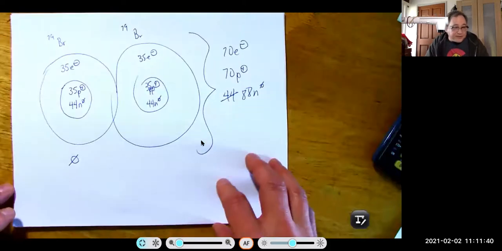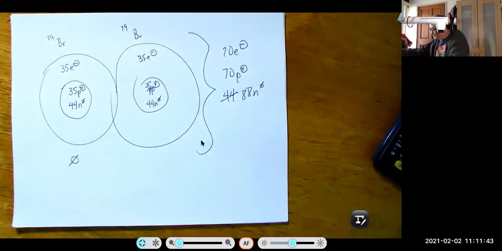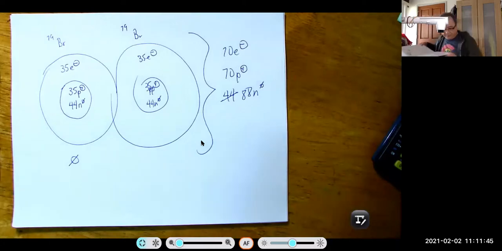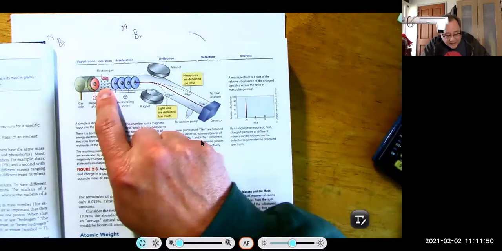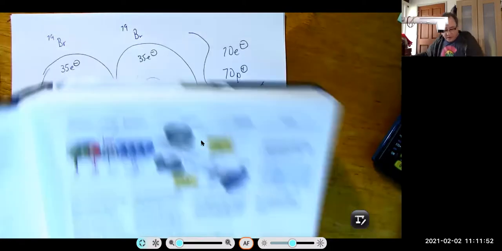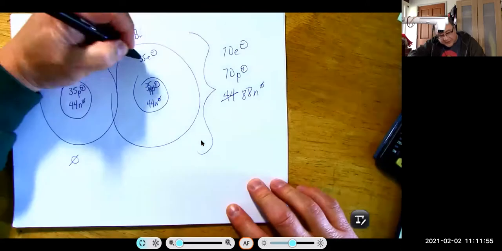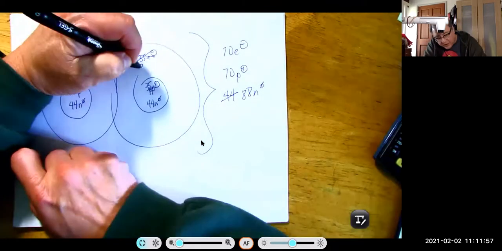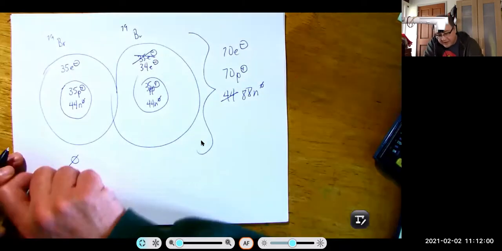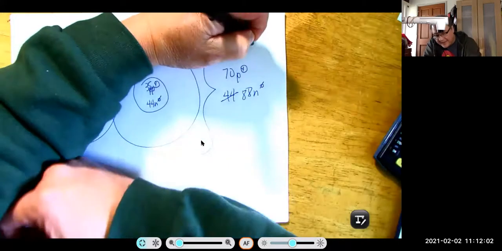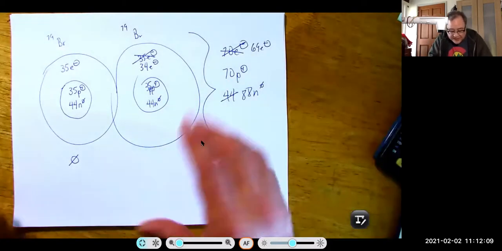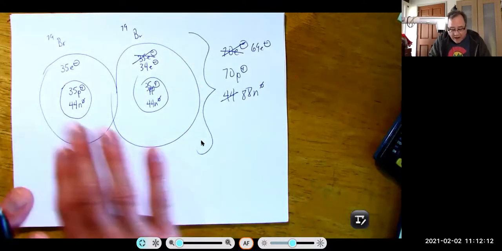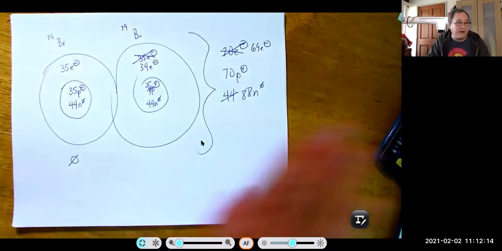When you submit this to the mass spectrometer, you're going to see that guy right there, and an electron gets knocked off of it. So let's say it gets knocked off of this one, and we only have 34 electrons now, and so only 69 electrons. Because you have one more proton than electrons, you got a +1 charge. This is the thing that goes to the detector. It doesn't get fragmented, does not get split apart.